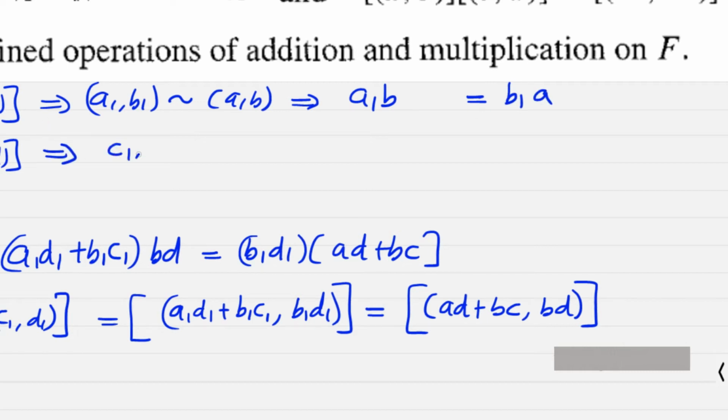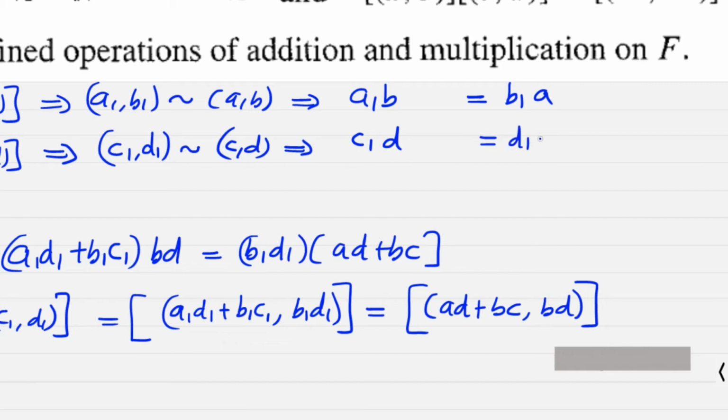Similarly, (C1, D1) is an element of the equivalence class (C, D). This implies that (C1, D1) and (C, D) are in relation tilde, which means that C1·D and D1·C are the same.